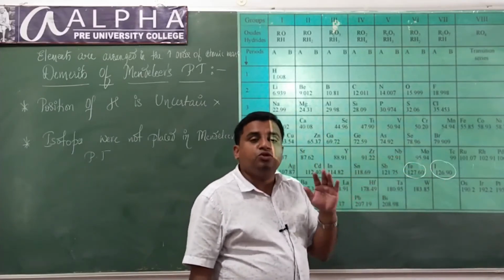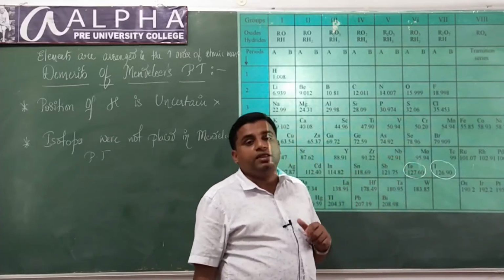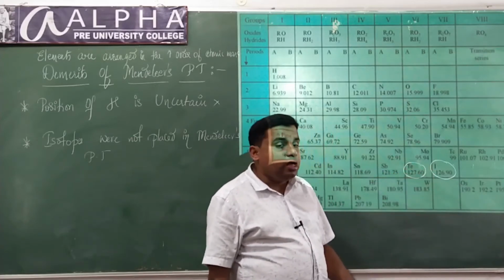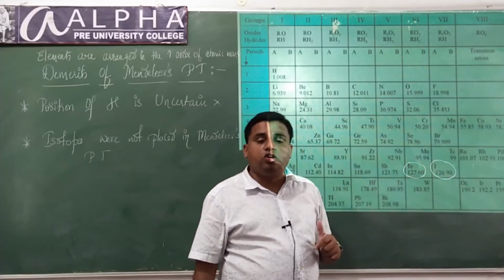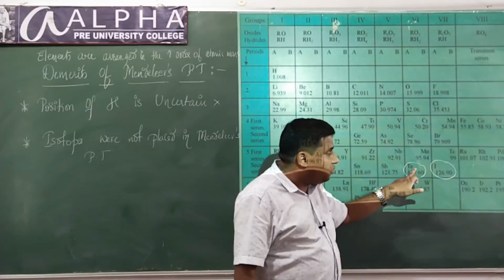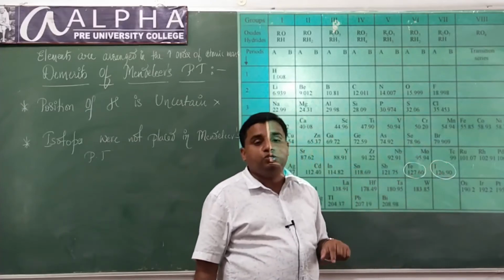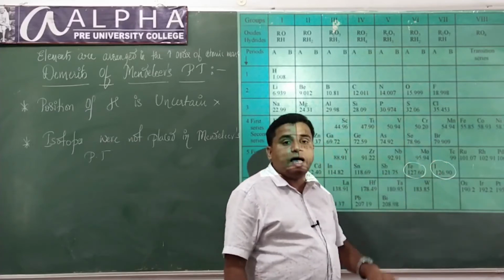That means the position of certain elements is not justified in the periodic table. The best example is tellurium and iodine. If the elements are strictly arranged in the increasing order of atomic mass, first we would have observed iodine and then tellurium. But in Mendeleev's periodic table, tellurium is placed first and then iodine.